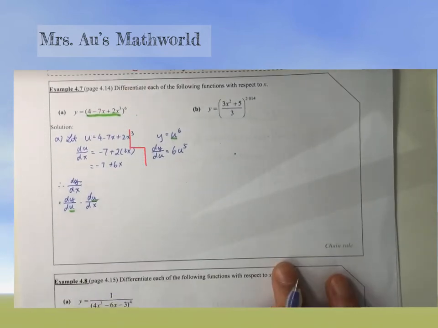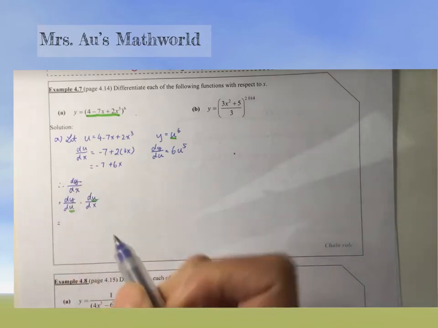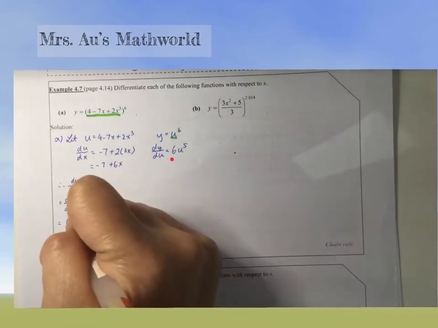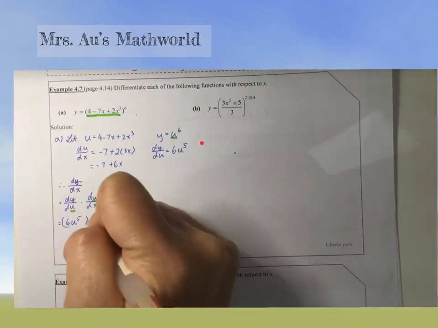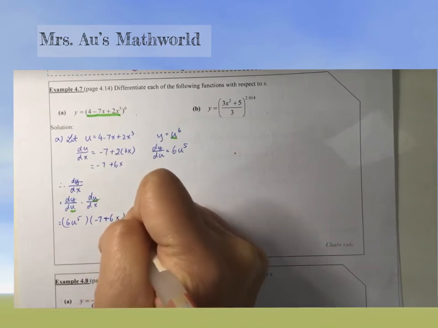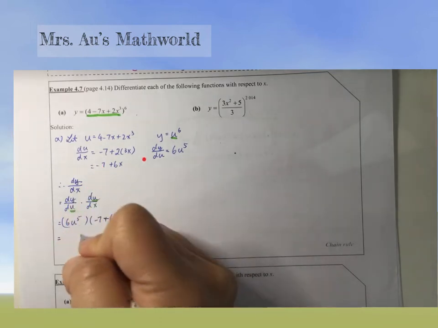Now don't forget the u will be repeated, and then substitute carefully. First part, 6 times u to the power 5. Second part, minus 7 plus 6x.